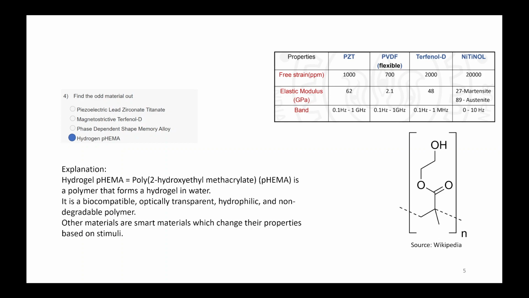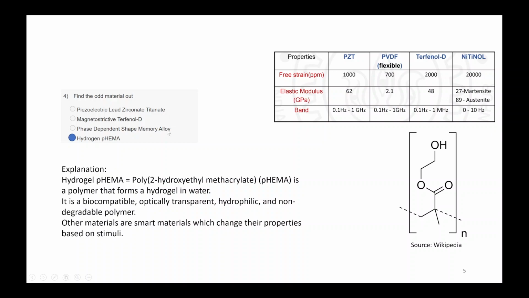Now we can explain this by saying that hydrogel PHEMA is poly 2-hydroxyethyl methacrylate. It is a polymer that forms a hydrogel in water, and it is a biocompatible, optically transparent, hydrophilic and non-degradable polymer. The other remaining materials are all smart materials which change their properties based on stimuli.